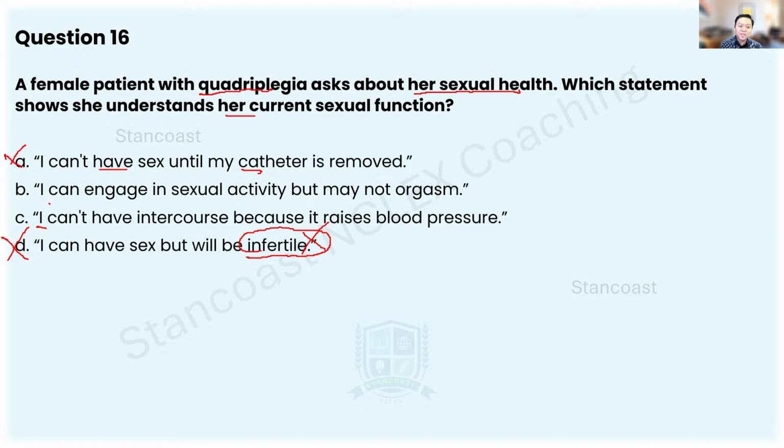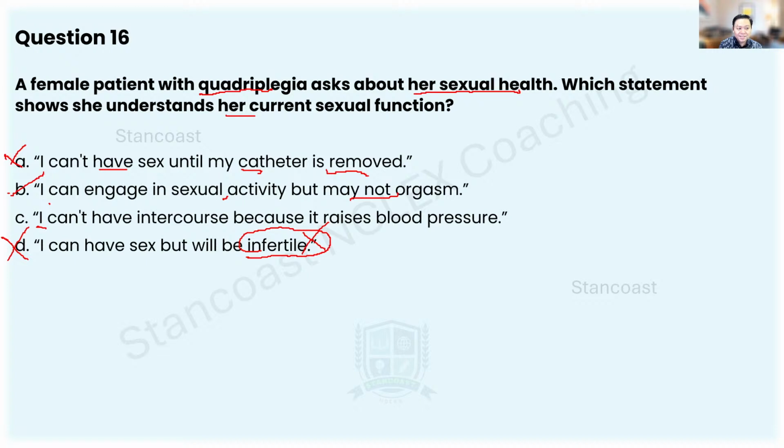But again, the issue here is about not experiencing the orgasm because of the disrupted nerve pathways. That's the reason why this is going to be the correct answer. I can engage in sexual activity, but may not have any orgasms. And the reason for that is because of the disrupted pathways.